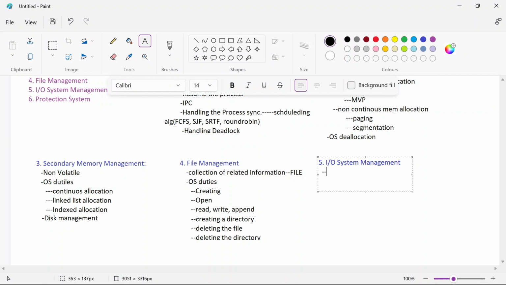So you need to understand here that each device has its own device drivers. What is the duty of the operating system here?